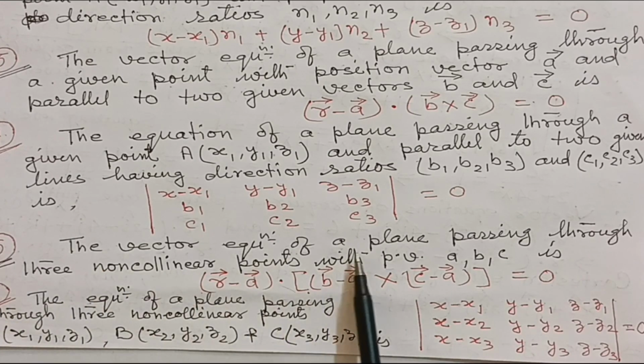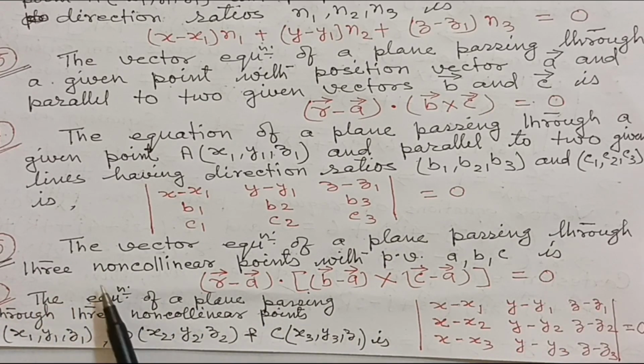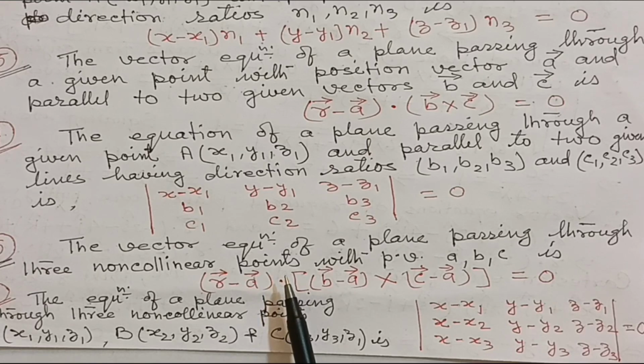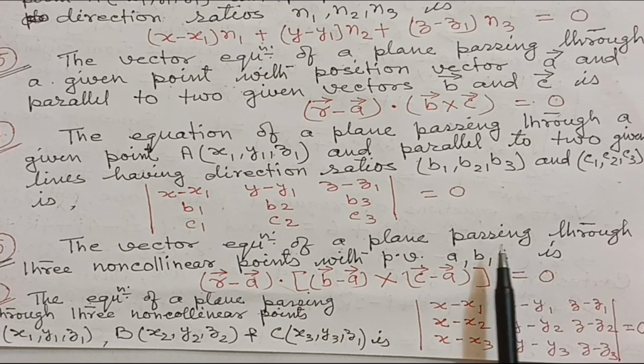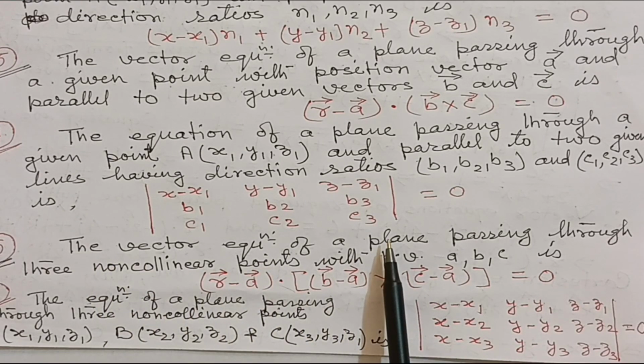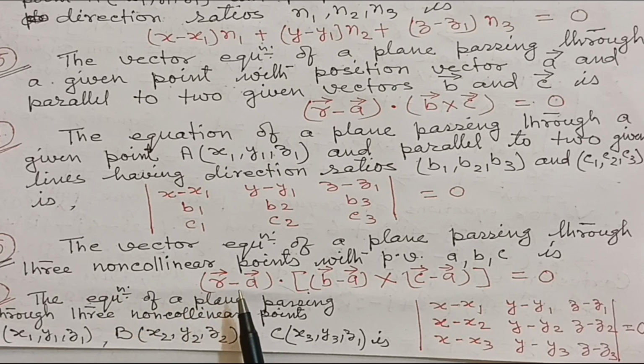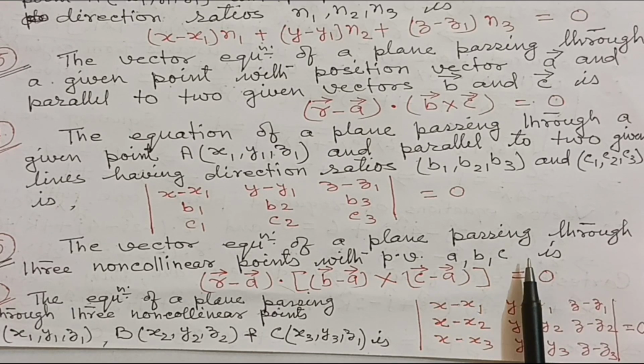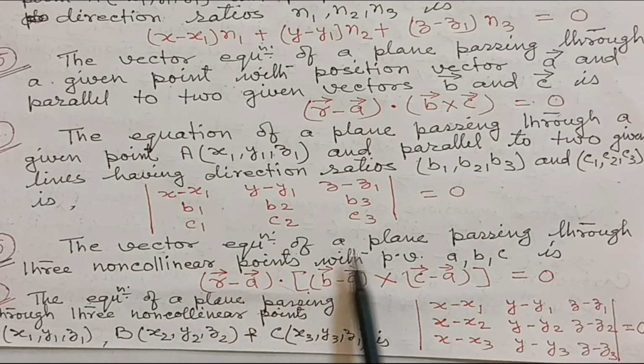The vector equation of a plane passing through three non-collinear points, three points which are not collinear, with position vectors A, B, and C. We have to find the vector equation of that plane.